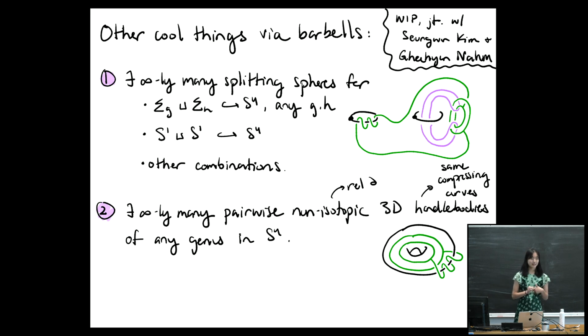In 2019, Mark Hughes, Sungwon Kim, and Maggie Miller showed that it was true for handlebodies of genus greater than or equal to 2. The methods they used were similar to the methods they used to show the result on splitting spheres, and in particular, it required this higher genus condition. So the solid torus case was open. Using barbells, we can show that last remaining case, and it's general enough that it extends to any genus greater than or equal to 1.